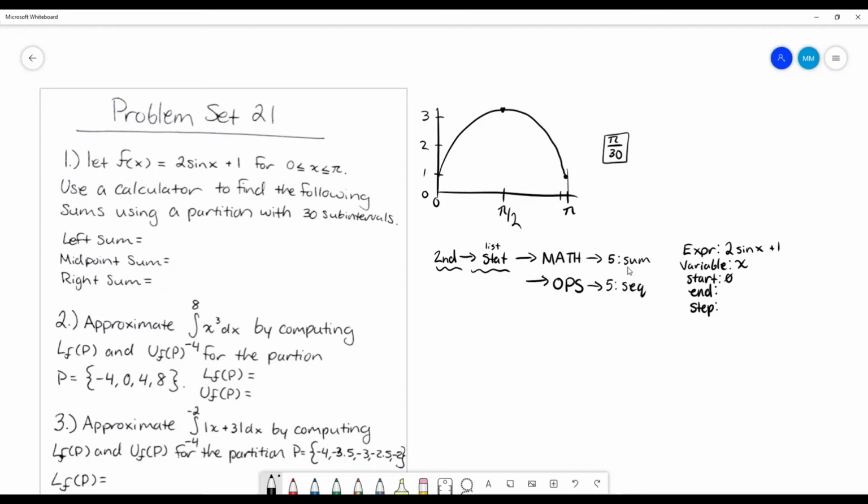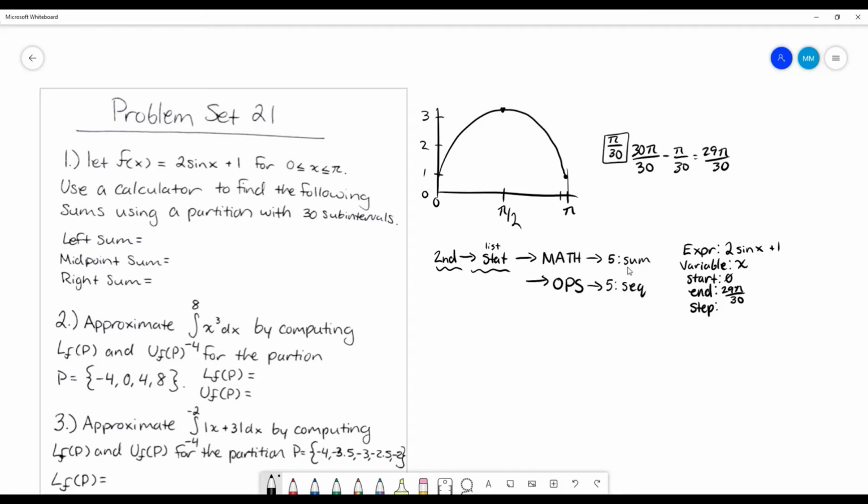So we're going to stop exactly 1 pi over 30 in front of that pi. So pi minus pi over 30 is the same as 30 pi over 30 minus pi over 30, which is going to be 29 pi over 30.